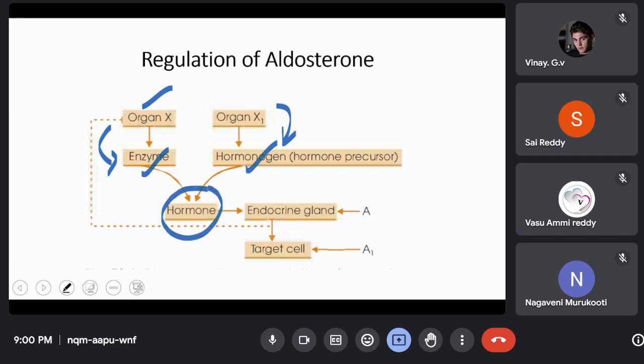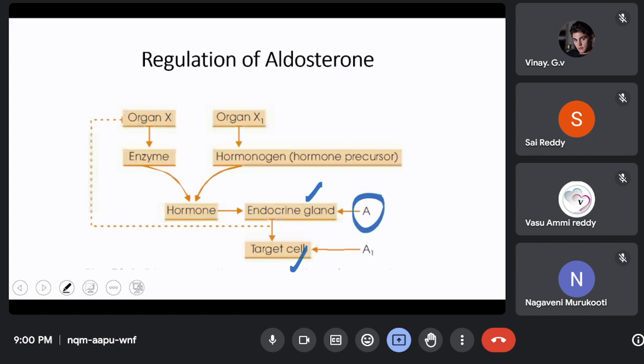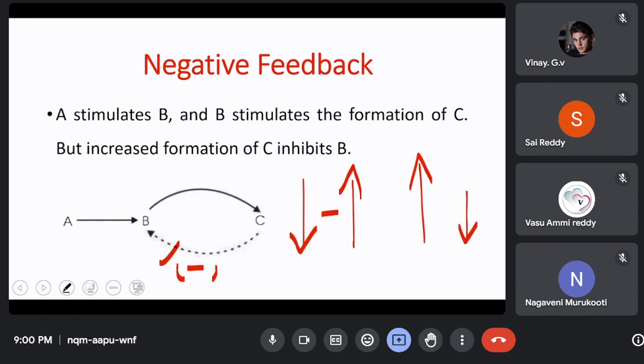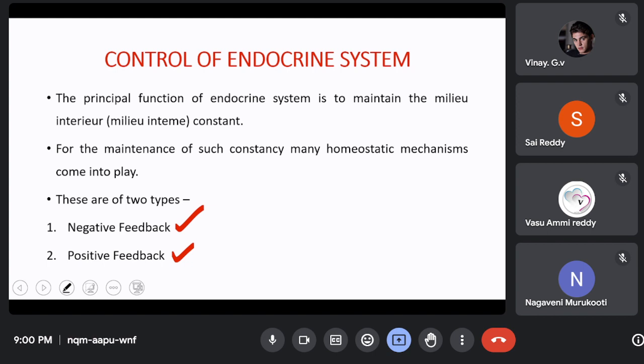And that hormone is now involved in inducing the endocrine gland, that is adrenal cortex, so that aldosterone is secreted and it acts upon the target cell. And here again, the target cell and endocrine gland are said to be under the influence of some external factors also. So this is how, by negative and positive feedback mechanisms, the control of the hormones takes place.